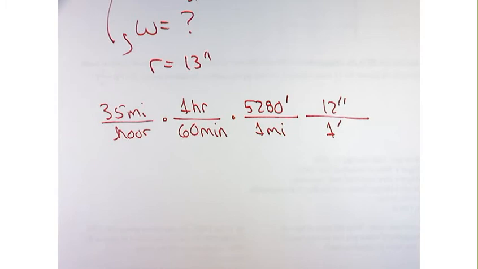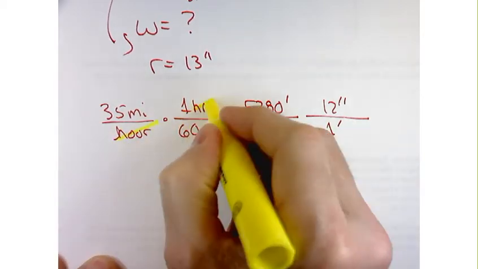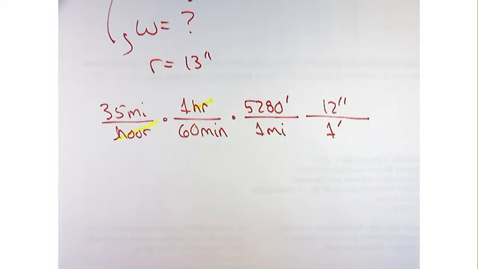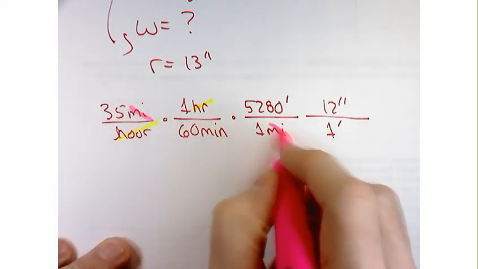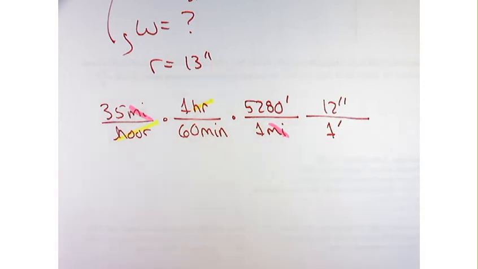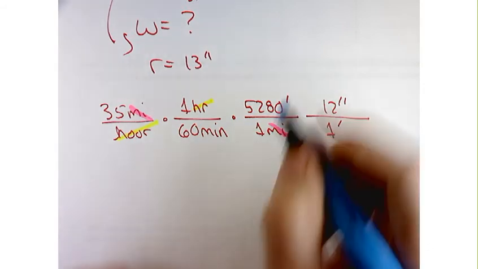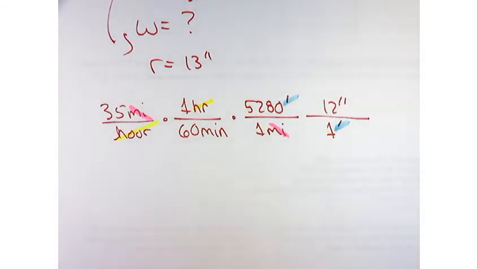So if you're keeping track of things, all our units cancel like we want them to. Units of hours cancels. So that's good. Units of miles cancels. So that's good. And then units of feet will also cancel. And what are we going to be left with?